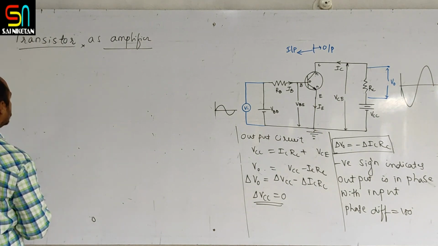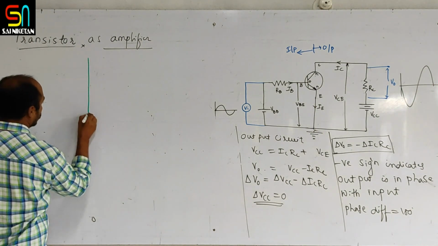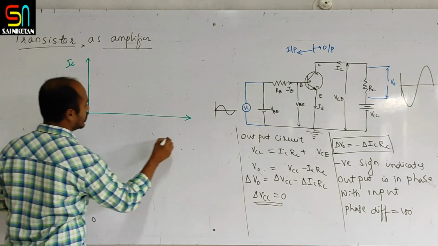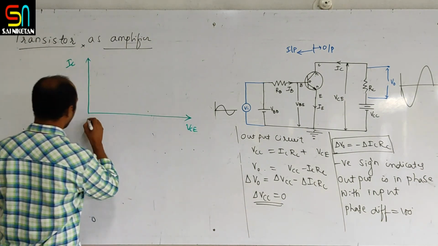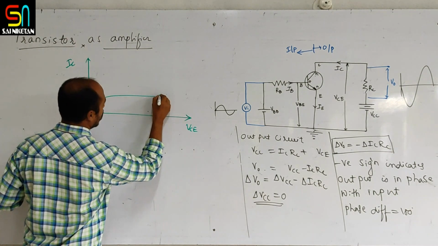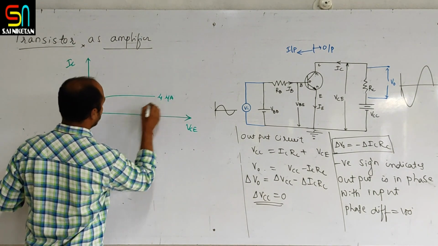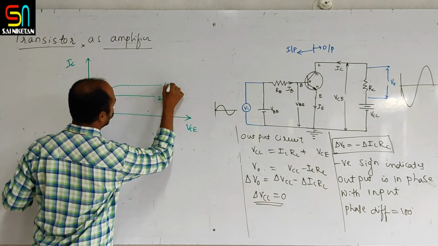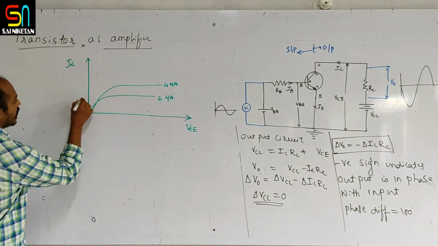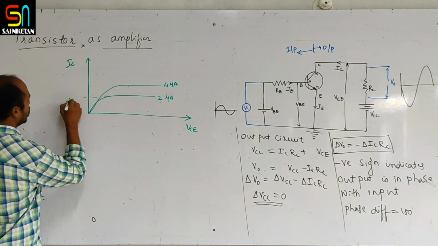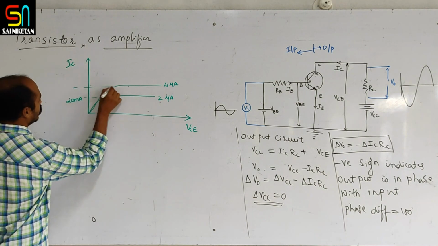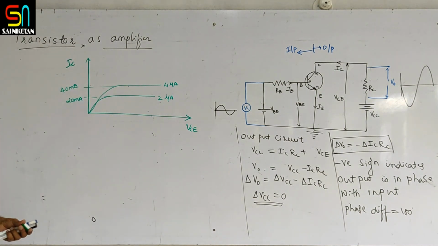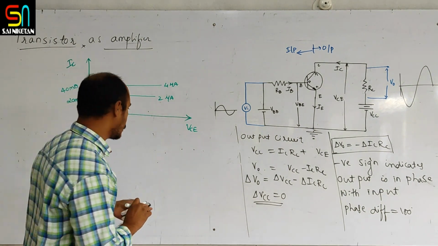So what we have done here is we have taken the output characteristics first. This is the output current and this is the output voltage. Now the input current increases from 2 microampere to 4 microampere, just for ease, and the output current increases from 20 milliampere to 40 milliampere. Then how will the current and voltage change?